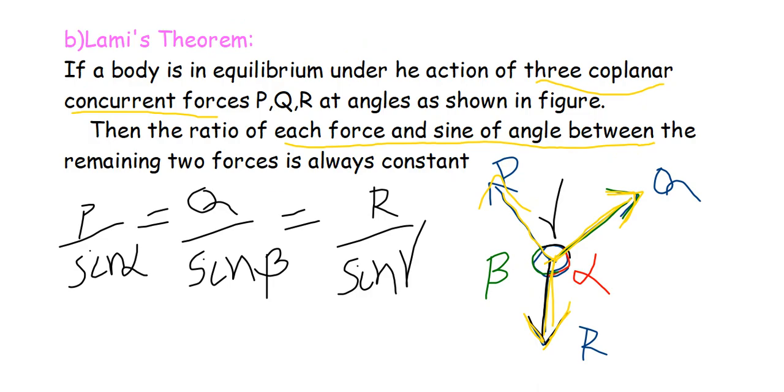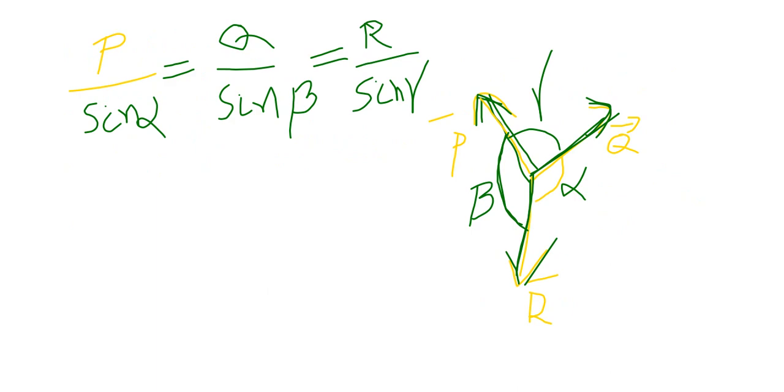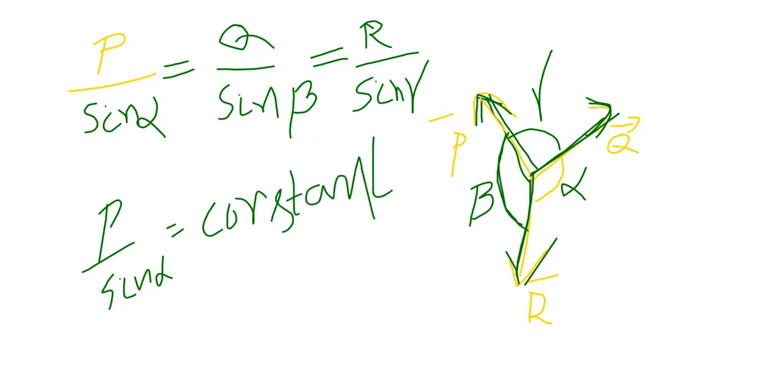According to Lami's theorem, the ratio of each force and sine of the angle between the remaining two vectors is always constant. That means P by sine alpha is equal to constant. Q by sine beta is equal to constant. R by sine gamma is equal to constant.